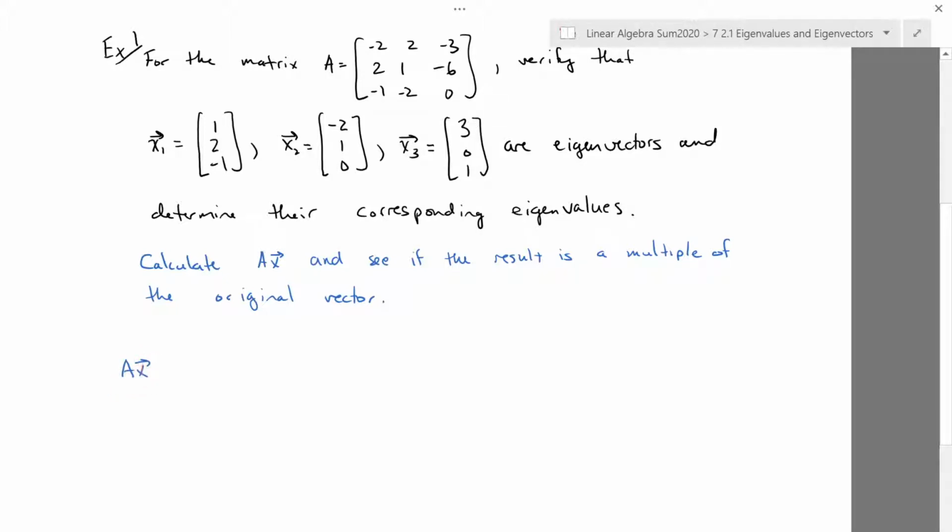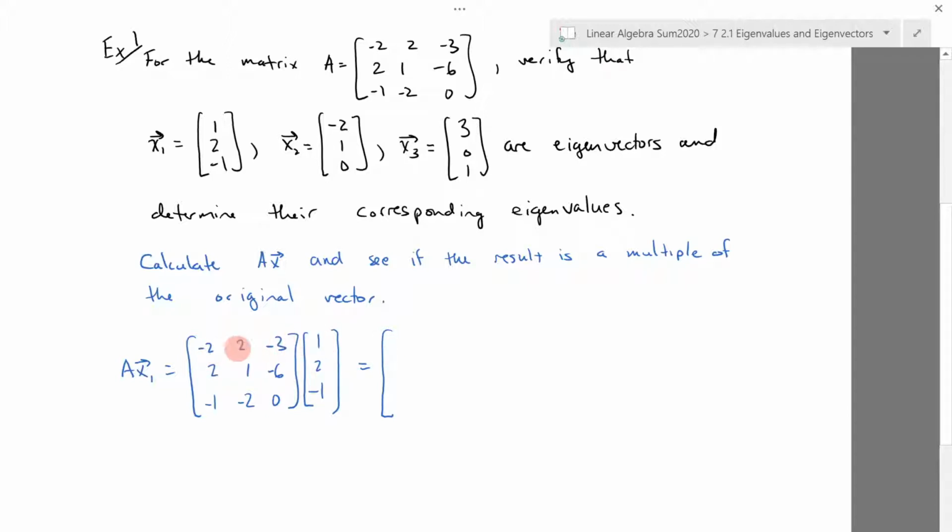So we calculate A times x1. I'll write down my matrix A. X1 is this vector, 1, 2, negative 1. And we just carry out the matrix multiplication. So what do we get?